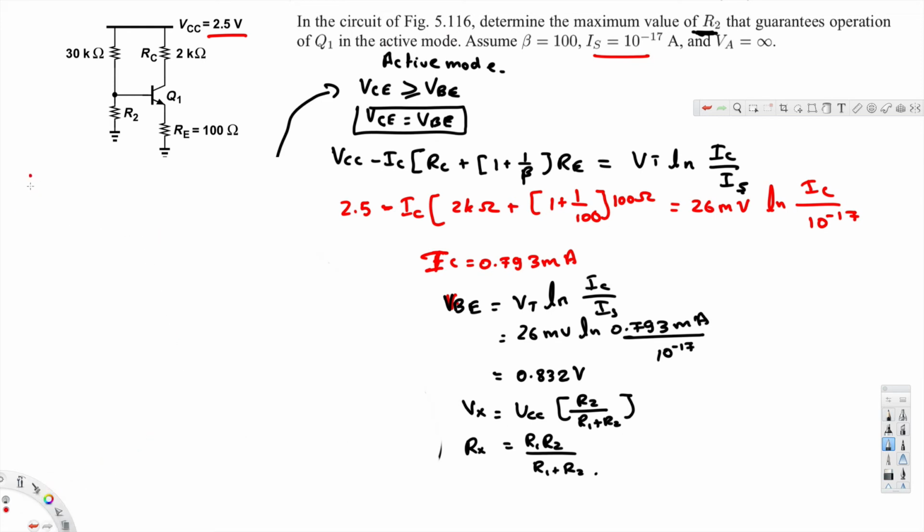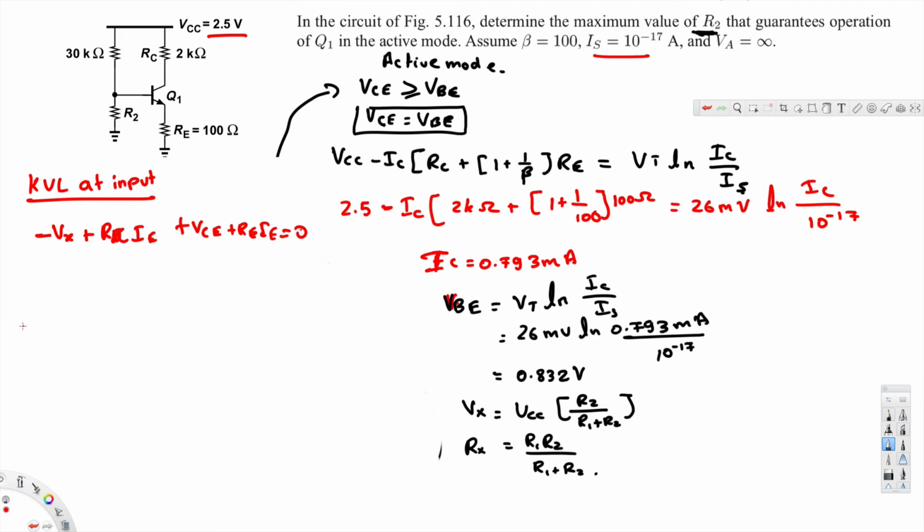KVL at input. If you apply KVL at input, this is going to become minus Vx plus Rx IE plus VBE plus RE IE is equal to 0.